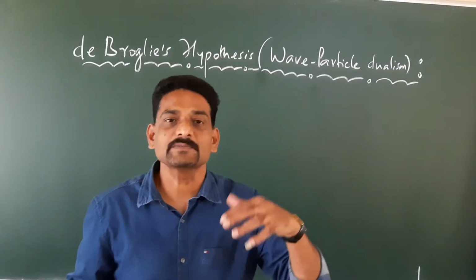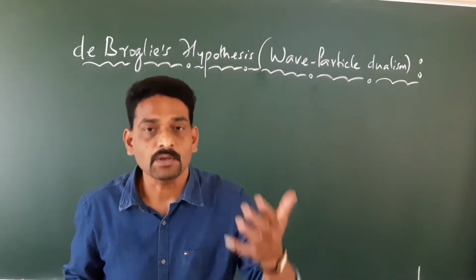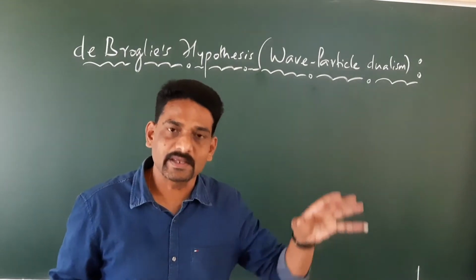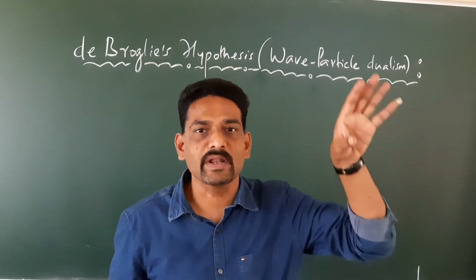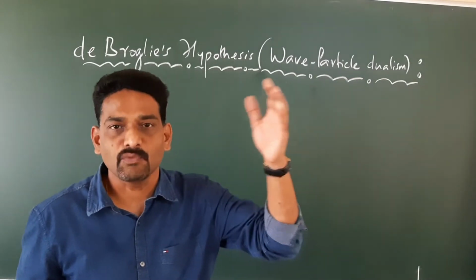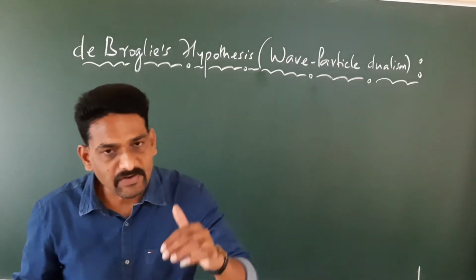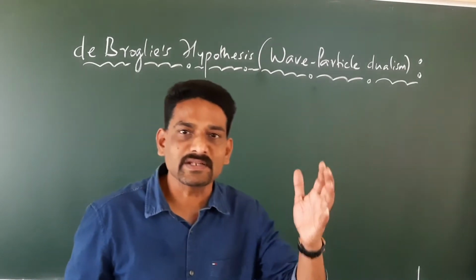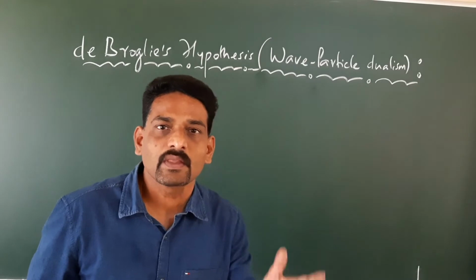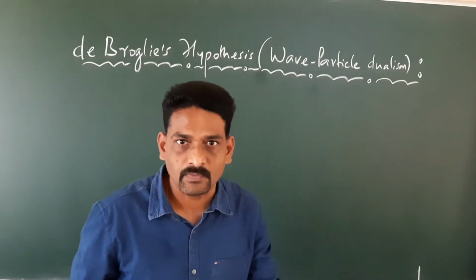So as per Bragg's diffraction, X-rays undergo diffraction. Means what? In the Compton scattering experiment, we are considering X-ray as made up of particles, and we know that X-rays are basically electromagnetic waves, and in Bragg's diffraction experiment, X-rays undergo the so-called diffraction phenomenon, which is purely a wave nature.